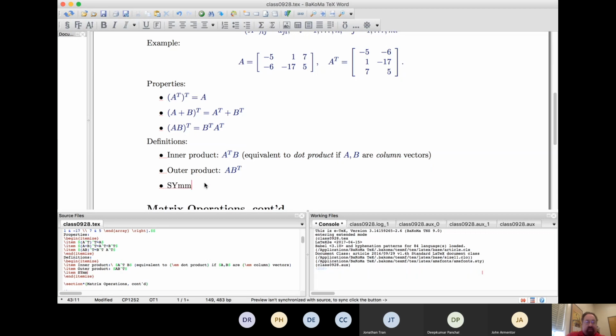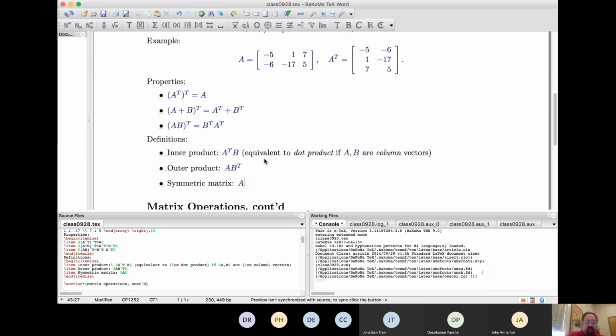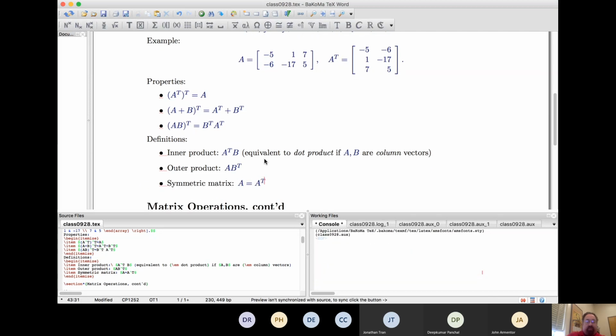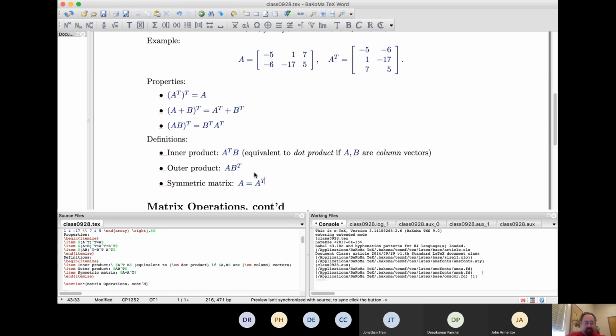Okay, a matrix is symmetric if A is equal to its own transpose. So A has to be a square matrix for that to happen. And sure enough, A would have a symmetric appearance, basically there's symmetry across the main diagonal.